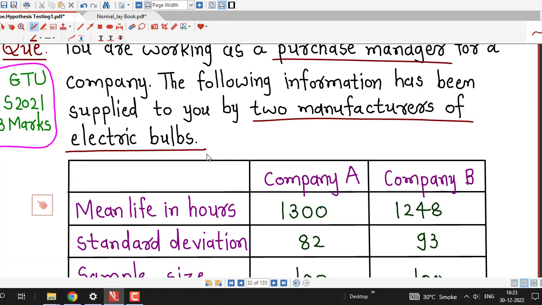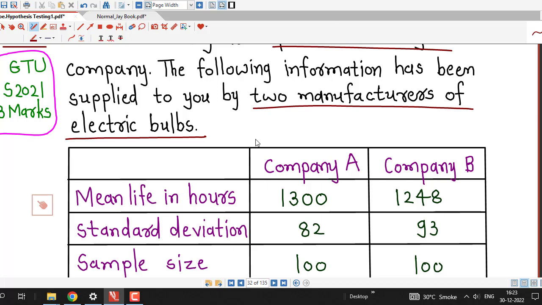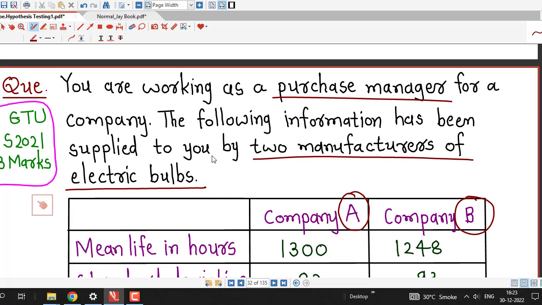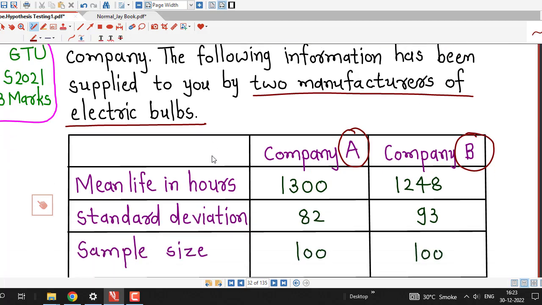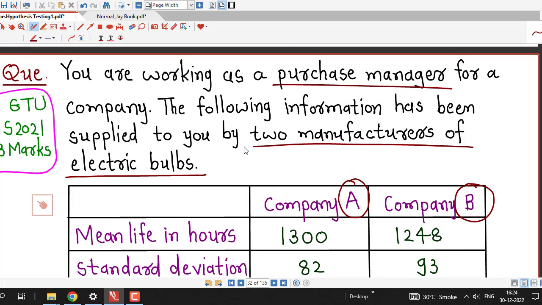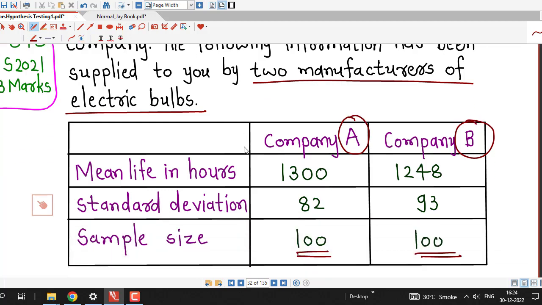So there are two brands or companies for electric bulbs, and we have data for both companies, which are providing two samples of the same size. Company A is providing 100 bulbs, company B is also providing 100 bulbs, and this is the information we have obtained from the manufacturers of both companies.